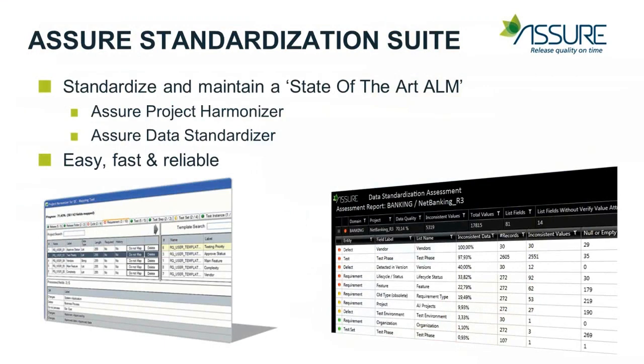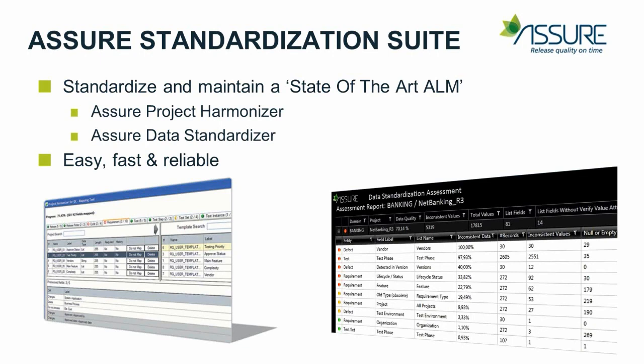Now, I must mention we have Assure. This has been our core area for a long time. Our first product was in this area, and we have two products that make a suite. One of them is the Project Harmonizer, to standardize the fields, or the user-defined fields, in all your projects with an ALM project template. It's easy to do.